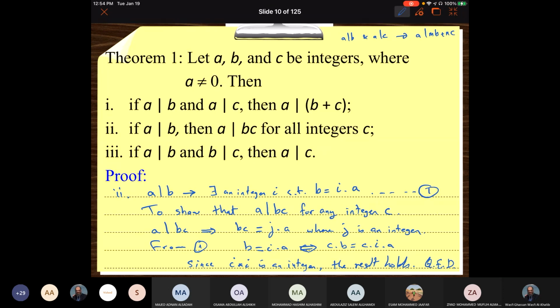So if A divides MB and A divides NC, then it will divide the addition, MB plus NC, and this is by part 1 of the theorem, which is this one: if A divides B and A divides C, then A divides B plus C. So I will leave you to write the proof of the corollary, okay?